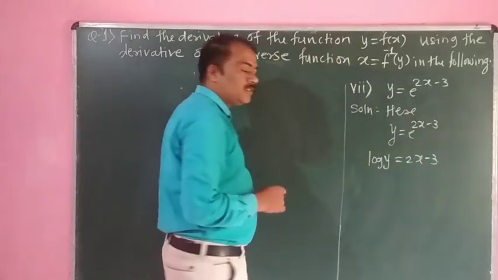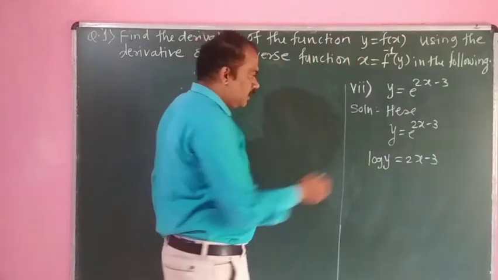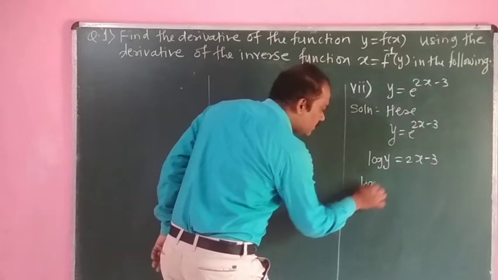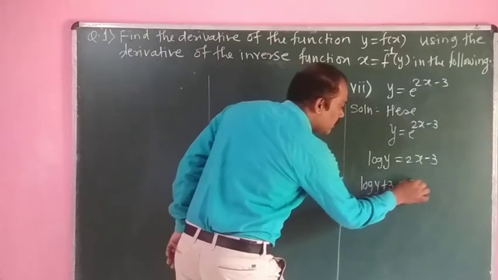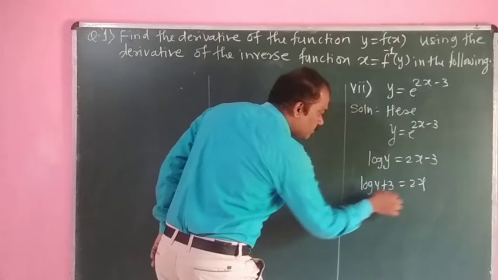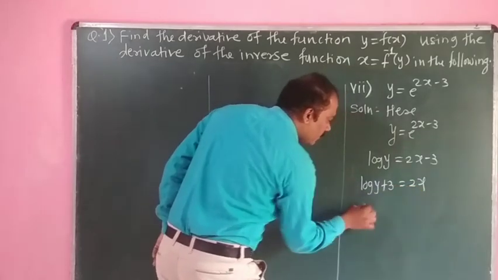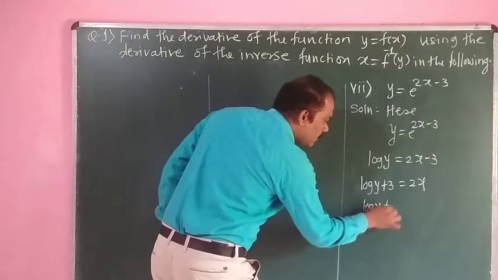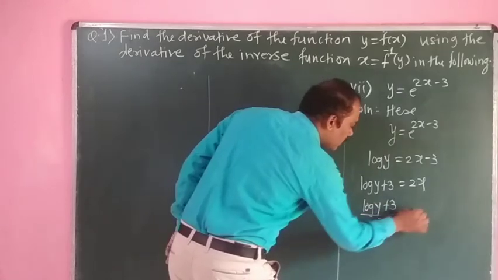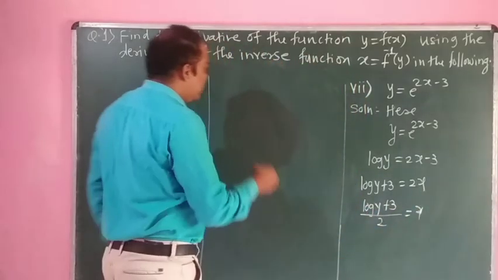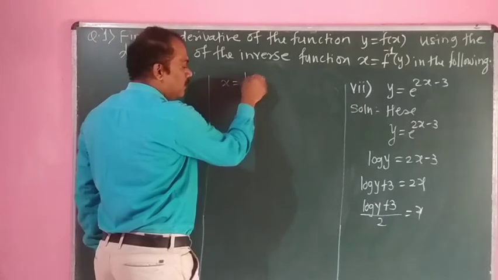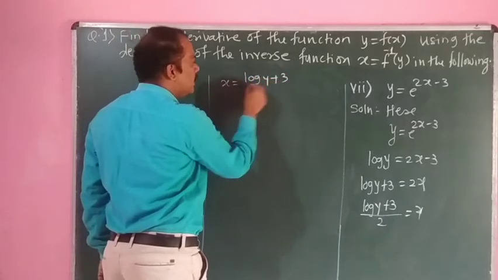The base of this log is e. Taking minus 3 to this side, it becomes plus: log of y plus 3 is equal to 2x. Dividing by 2 on this side, that is x is equal to log of y plus 3 divided by 2.